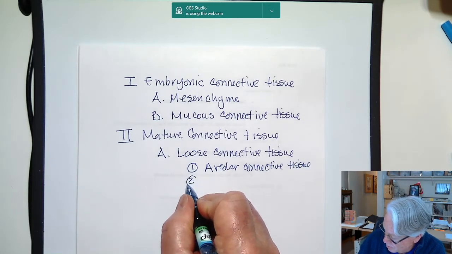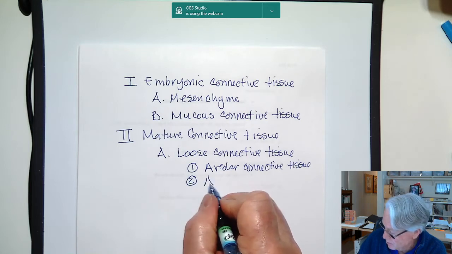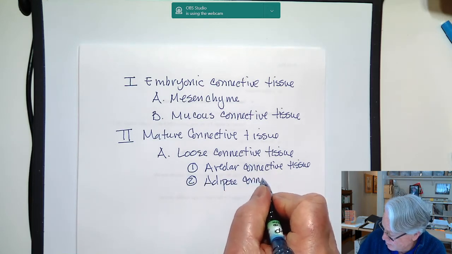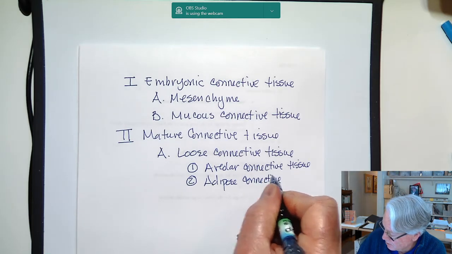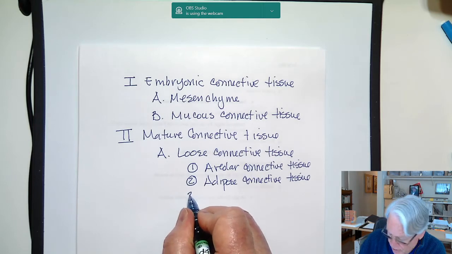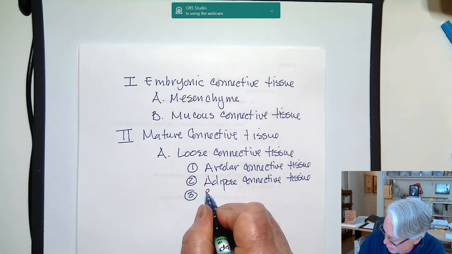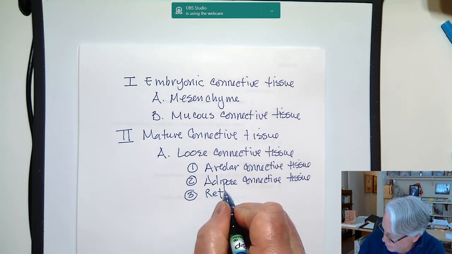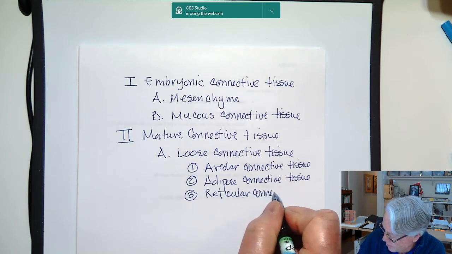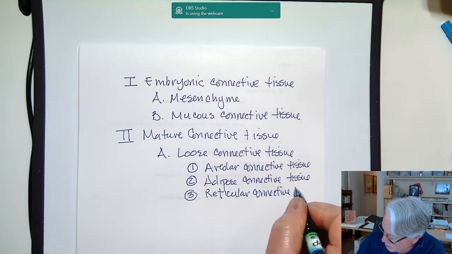Number 2, adipose connective tissue. And number 3, reticular connective tissue.